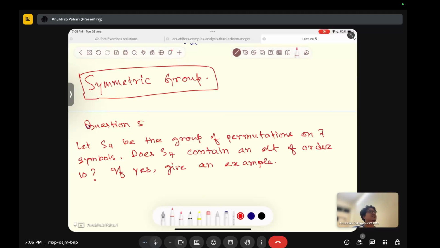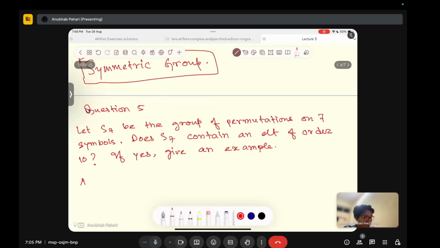Question: does S7 contain an element of order 10? Can you give an example? We will take a cycle of order 5 and a cycle of order 2. So the answer is yes: take (1 2 3 4 5) and (6 7).